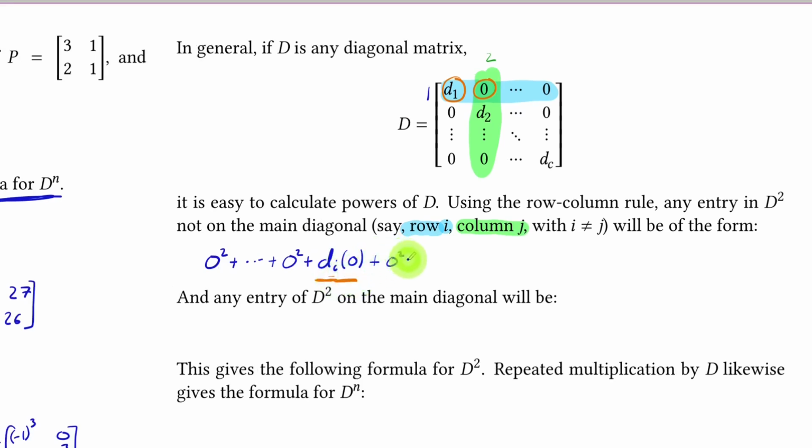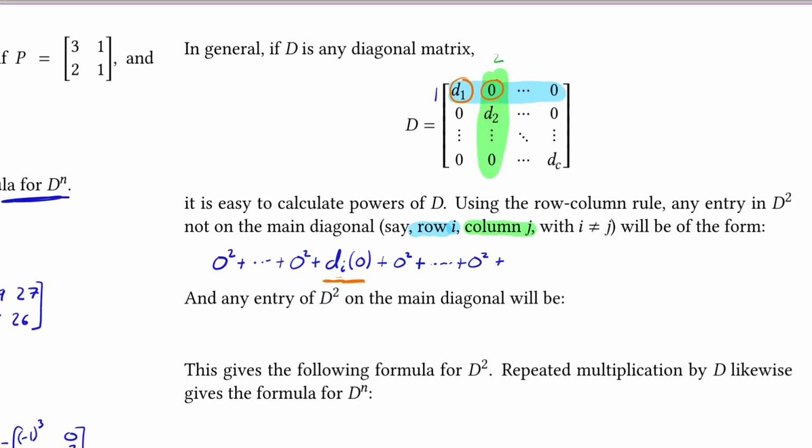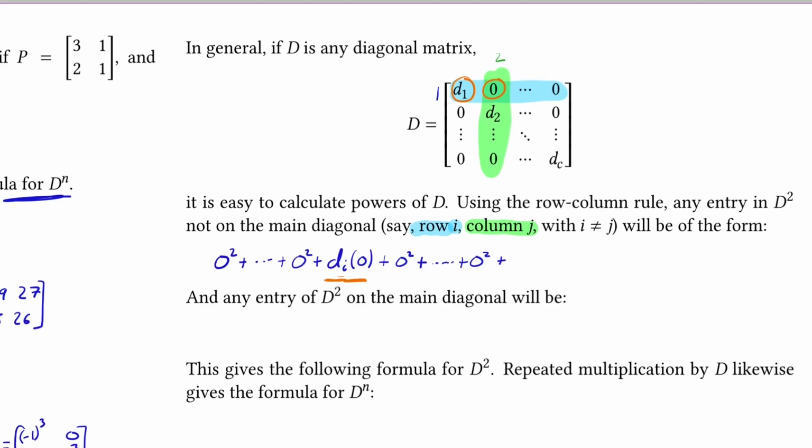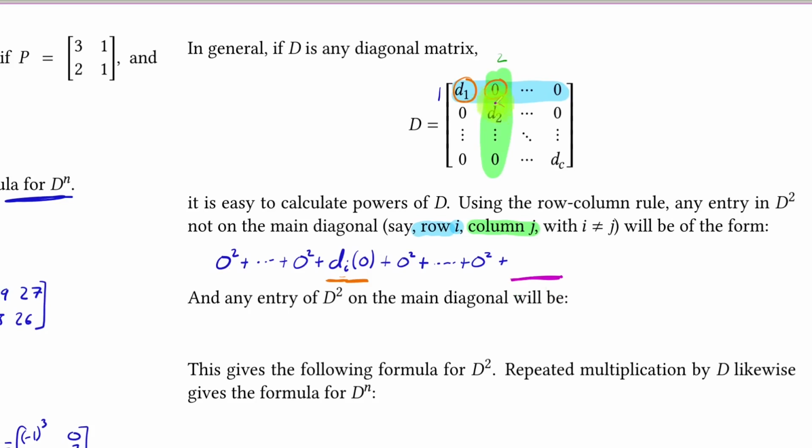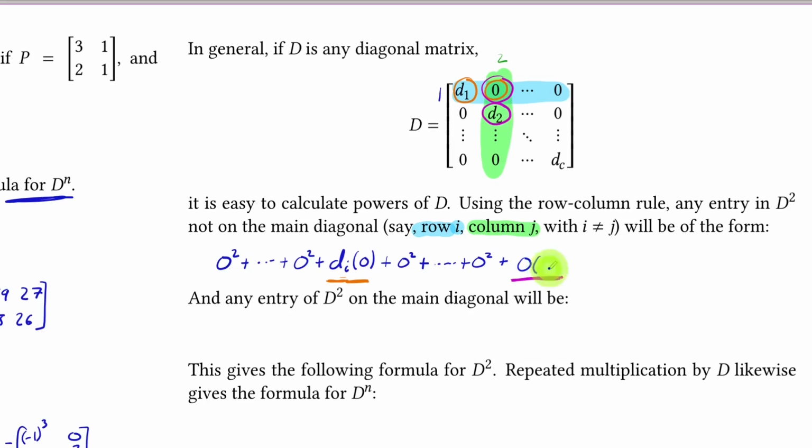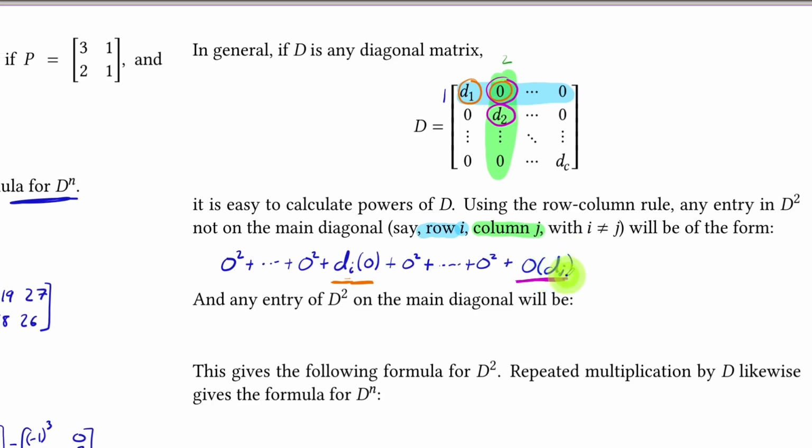And then maybe there's going to be some other terms where everything's 0 until we get to term number j of this sum. In term number j, in the picture that's 2, well, entry number j from row i must be 0 because that's something that's not on the main diagonal, but then entry number j in column j is that jth diagonal entry. Well, that's also going to be 0, so everything here comes out to be 0.